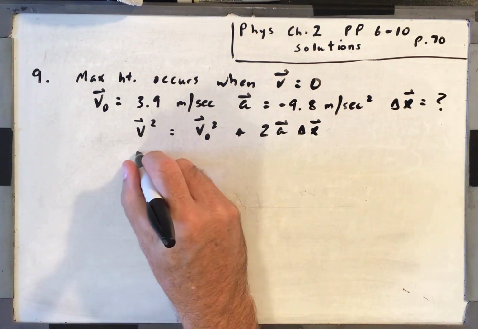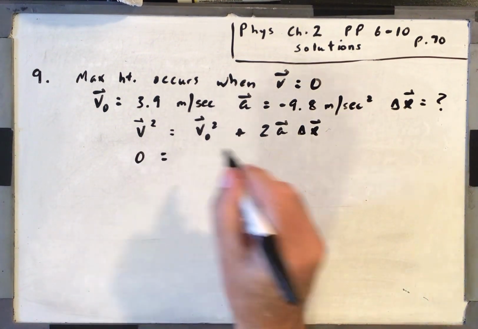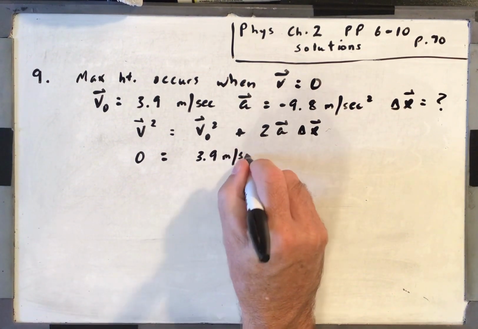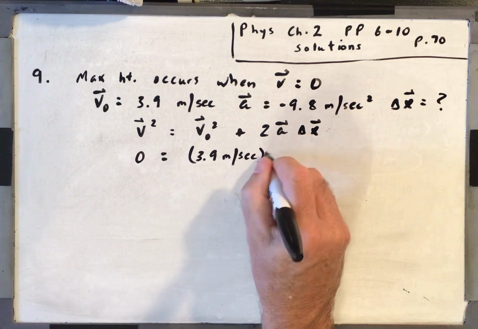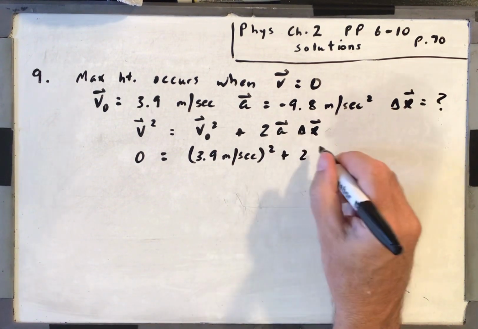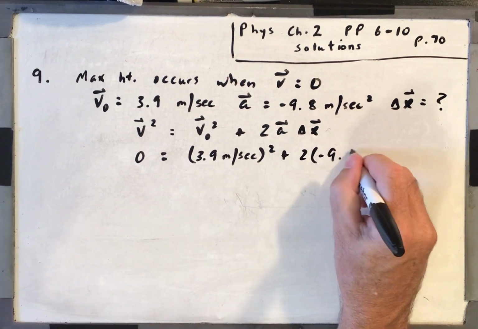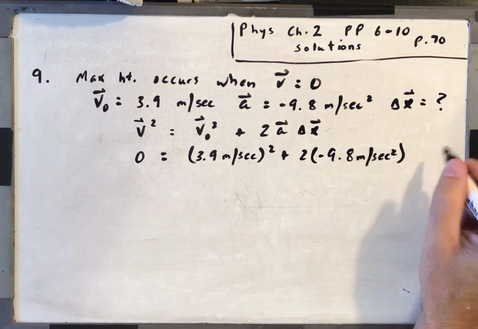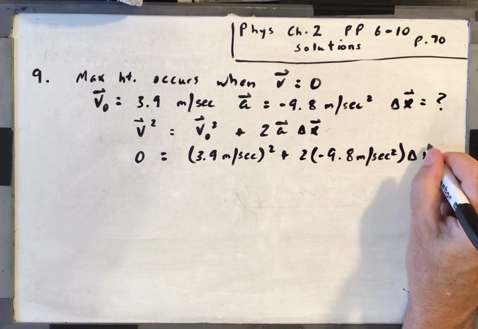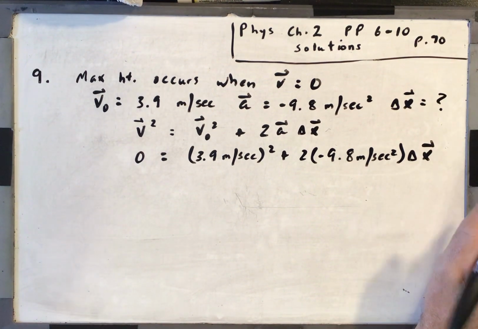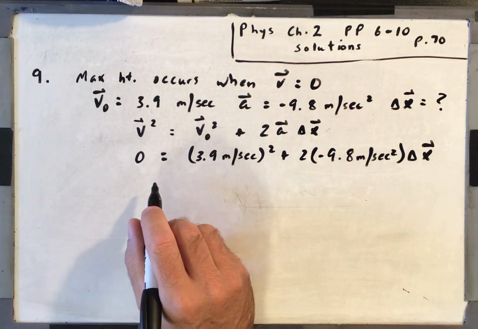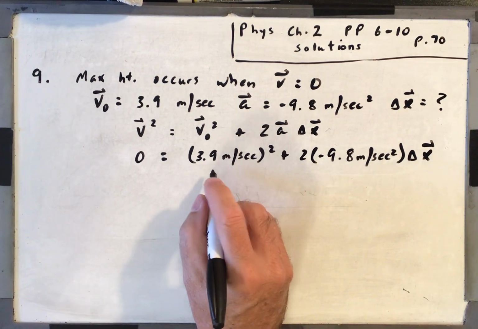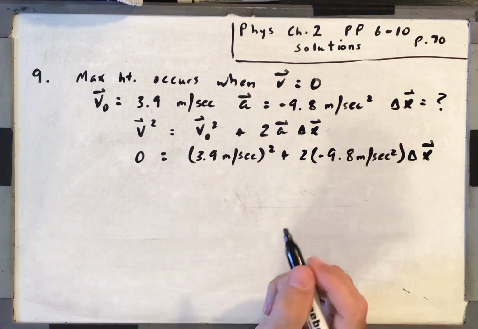All right, our final velocity is going to be 0 at max height, and we'd have 3.9 meters per second plus 2 times negative 9.8, and then we're solving for delta x. So 3.9 squared is 15.21.